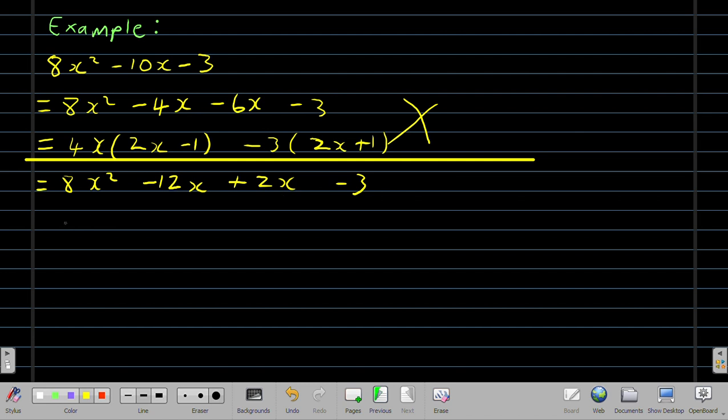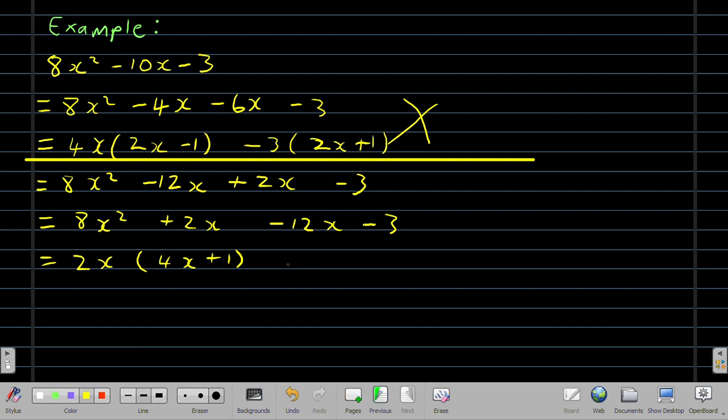Alright, and let me just write it so that the groupings are next to each other. So I'm going to group 8x squared with 2x, and then I'm going to group minus 12x and minus 3. So here I take out a common factor of 2x, and then I'm going to be left with 4x plus 1.